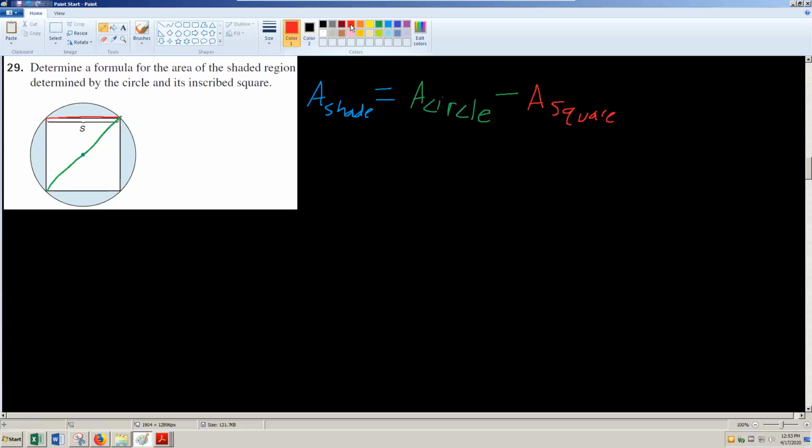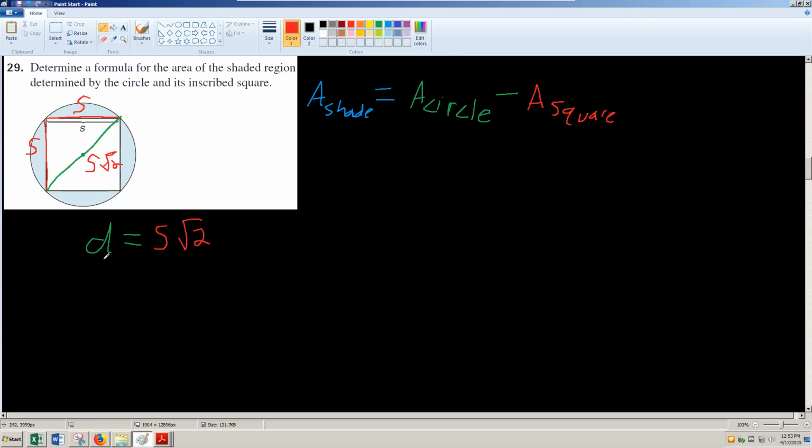So keep in mind that I do know a square has all the same sides. So if this is S, that means this is S. This is a square, so I know this is going to be split in half into a 45, 45, 90 triangle, which makes this S root 2. So if this is S root 2, my diameter for the circle is equal to S root 2.